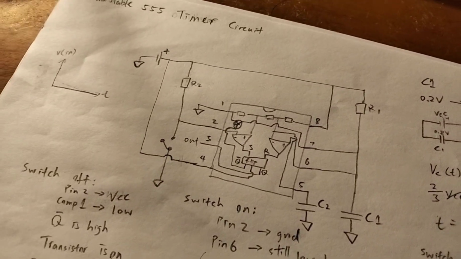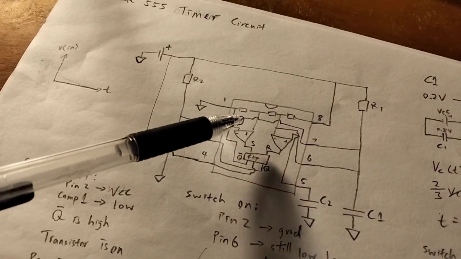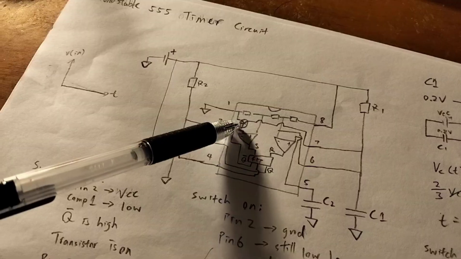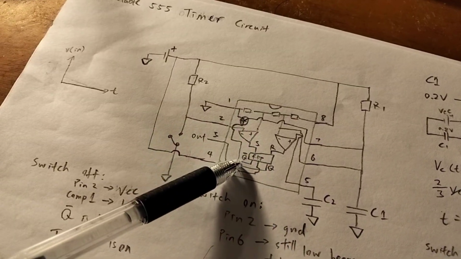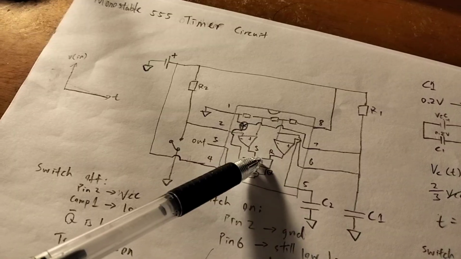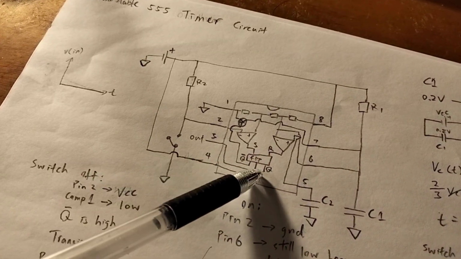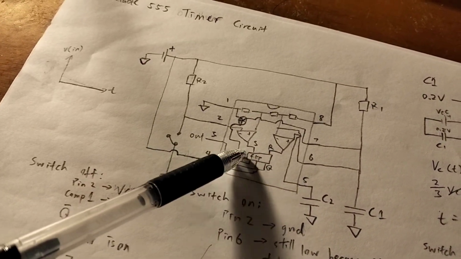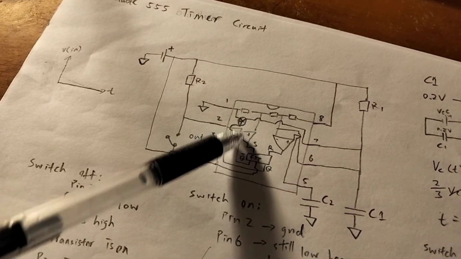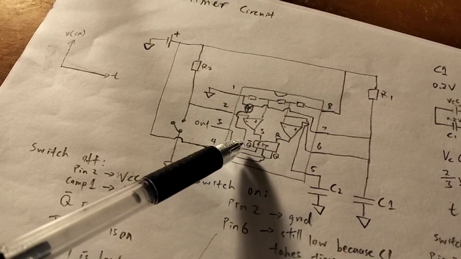And so you might be wondering, well this transistor, why is it in saturation? That's because the base of the transistor is tied to the inverse Q output of this flip-flop. So when the flip-flop is outputting low on Q, this inverted Q output is actually high. So therefore the transistor is in saturation because the base is tied to this inverted Q.